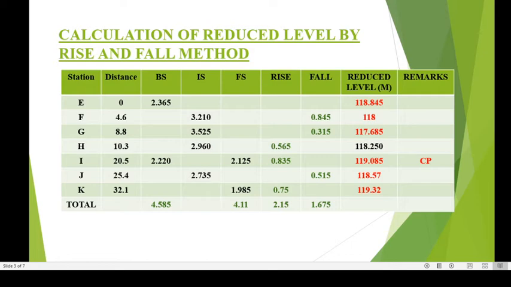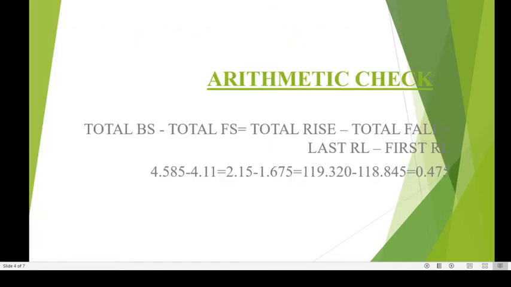Now in order to do the arithmetic check, we will sum up BS, which is 4.585. We will sum up FS, 4.11. We will sum up rise, which is equal to 2.15. We will add the fall values, which will be 1.675. So next we move on to the arithmetic check.